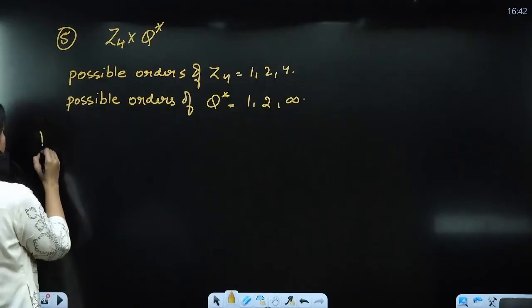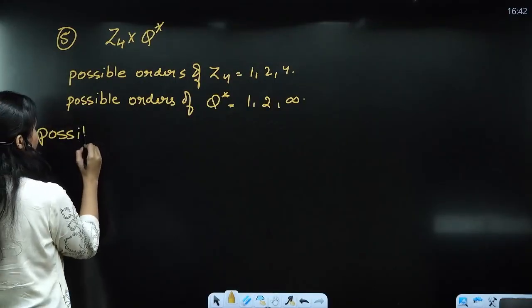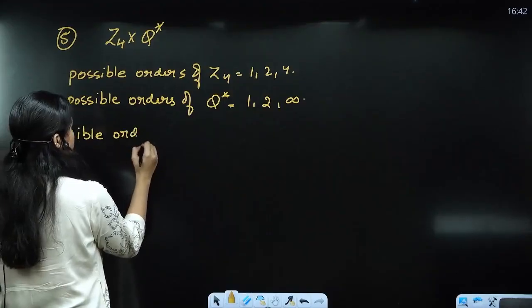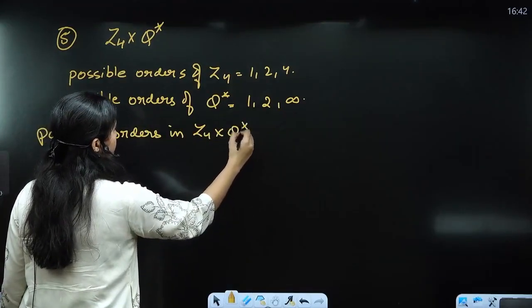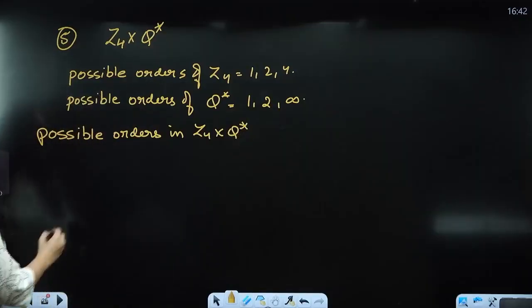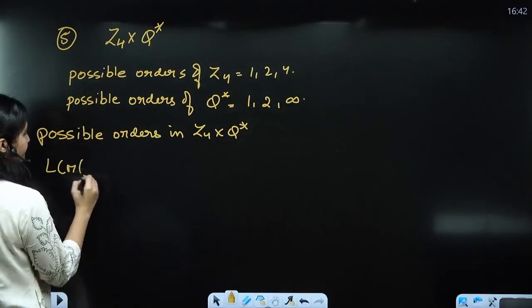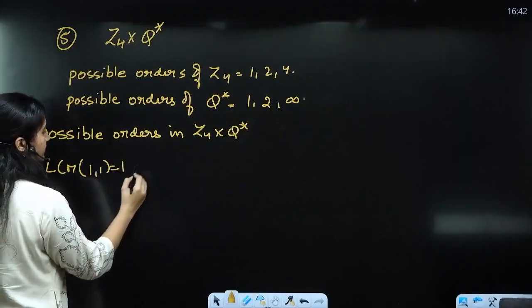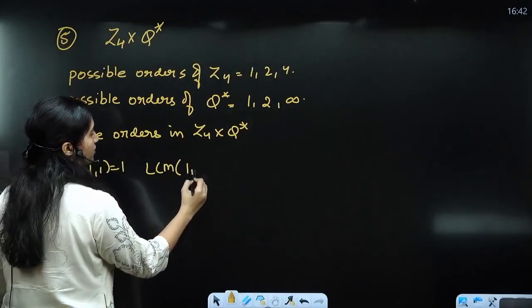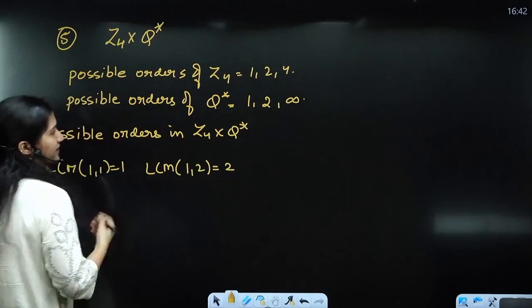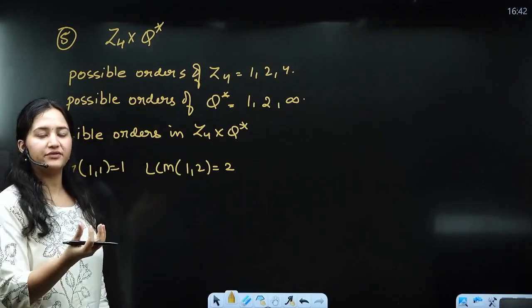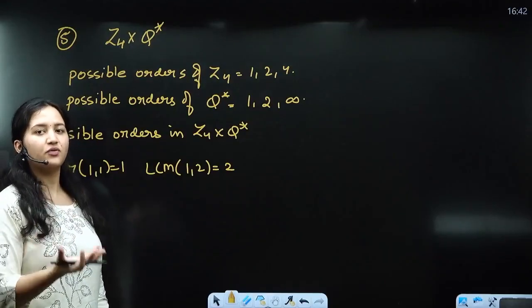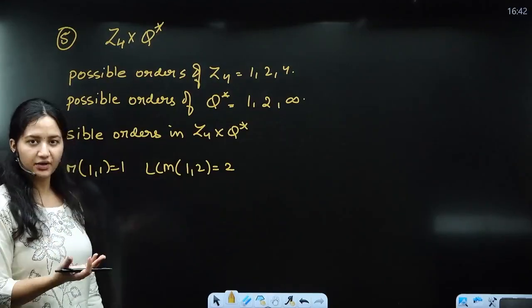Now, possible orders in this group G. LCM of 1, 1 is 1. LCM of 1, 2 is 2. Then infinite, obviously we are not considering. If one element in the ordered pair is of infinite order, then obviously the whole element is going to be of infinite order only.